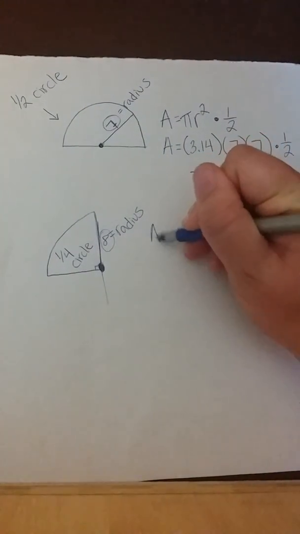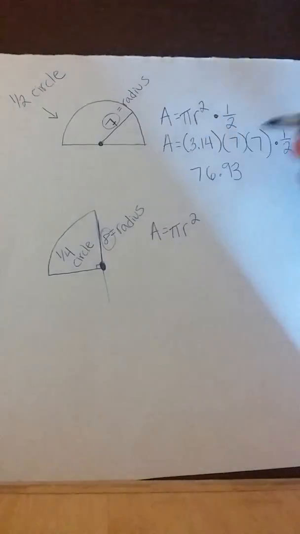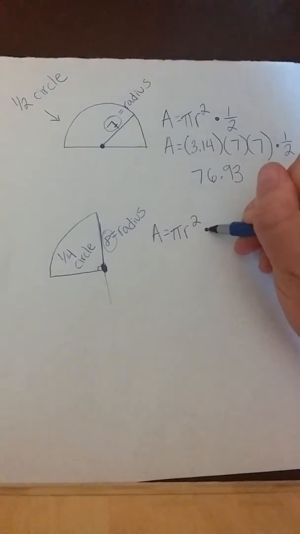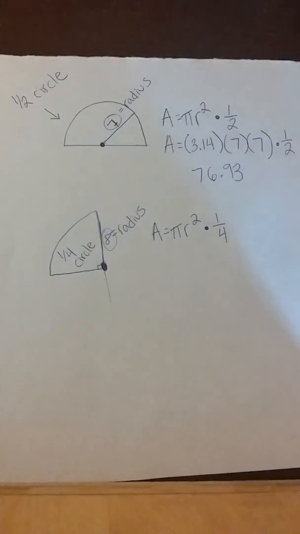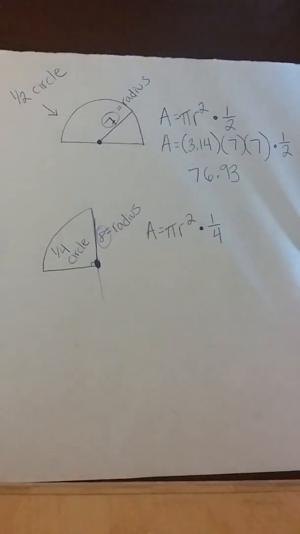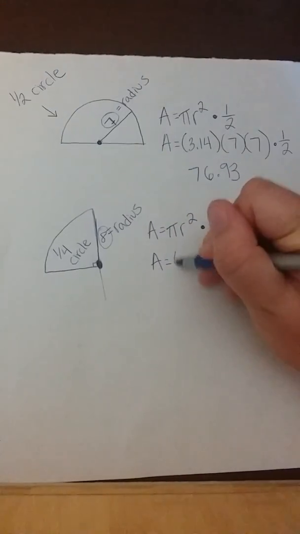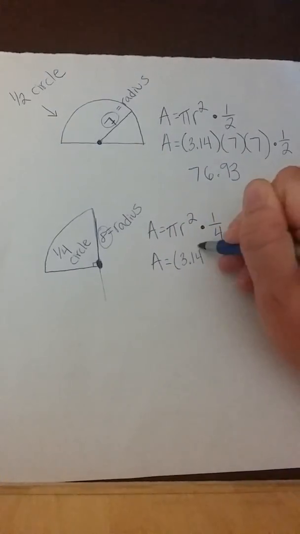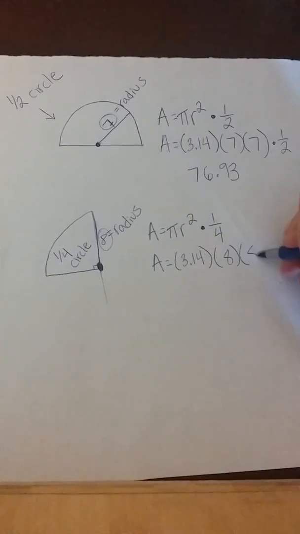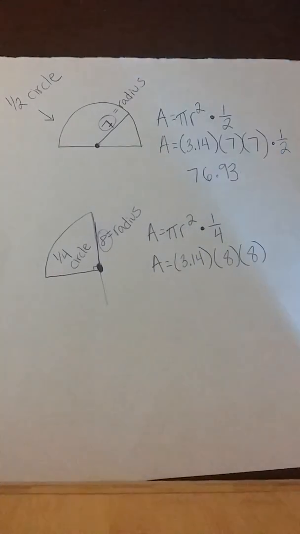So we're going to do our area formula. Area is pi r squared, or pi times radius. And at the end, I'm going to put times 1/4, because this is 1/4 of a circle. It's a quarter circle. I plug things in. So pi is 3.14. And then the radius is 8. And again, 8 for the other time because you have to do it twice since it's r squared.